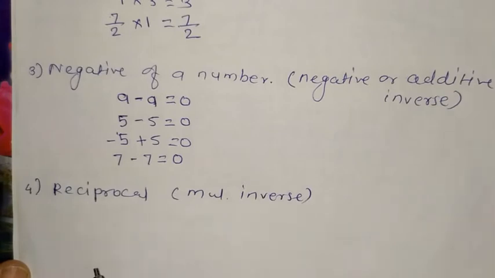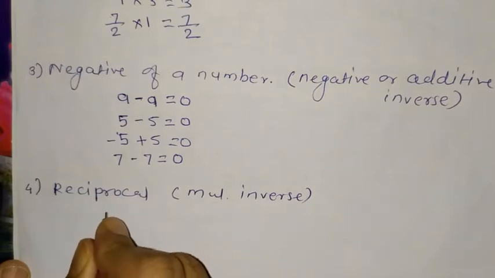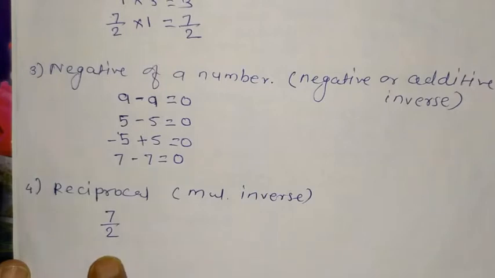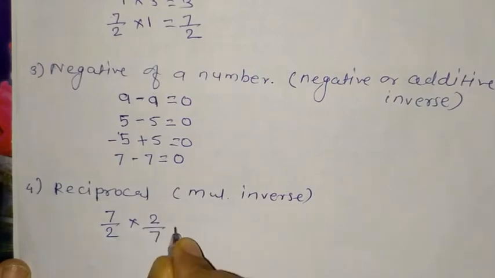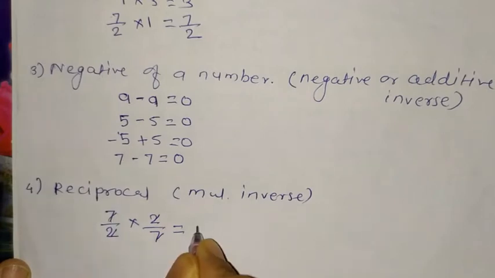Next one is the reciprocal. It is known as the multiplicative inverse. Reciprocal means suppose you have a number in p divided by q form. Then the reciprocal of 7 by 2 is nothing but 2 by 7, so that 2 gets cancelled, 7 gets cancelled, and we get 1.